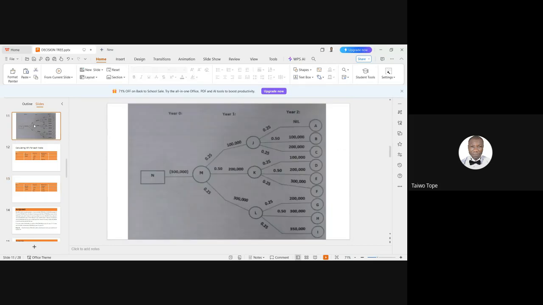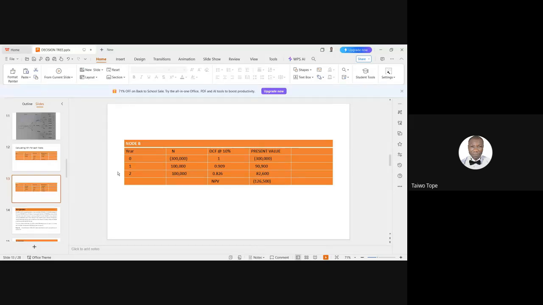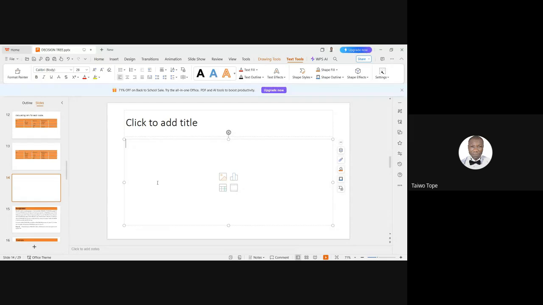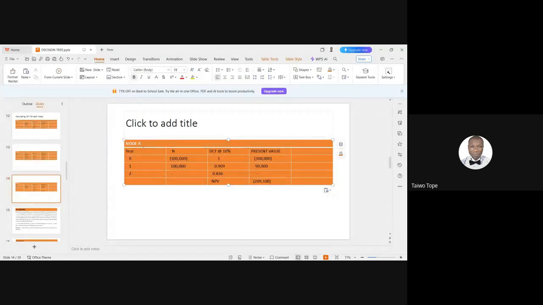So we move to C. Year 0, 300,000. Year 1, 100. Year 2, 200,000, in that order. So the present value here will be what?